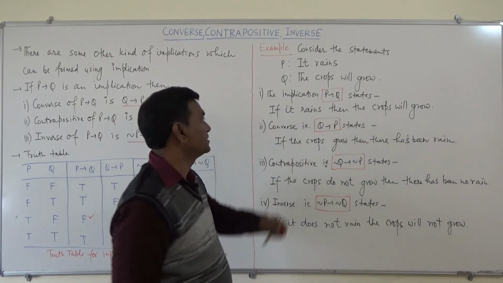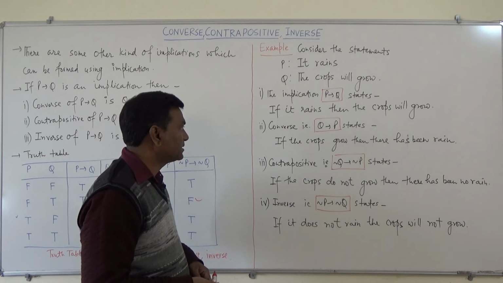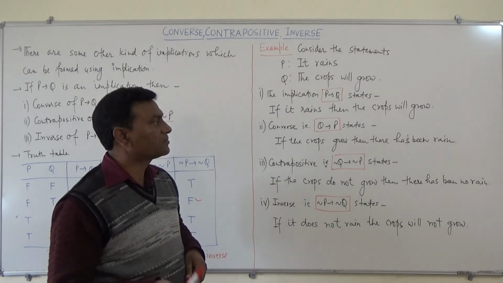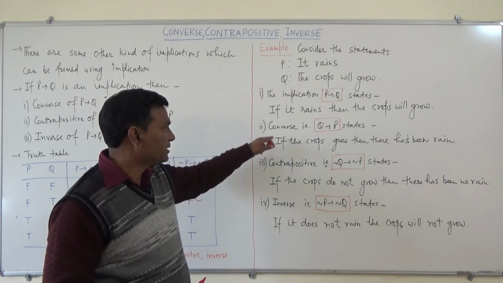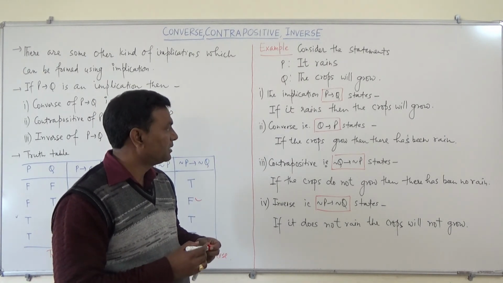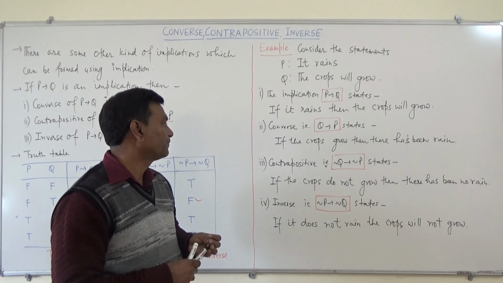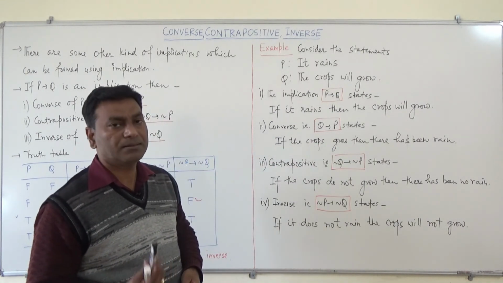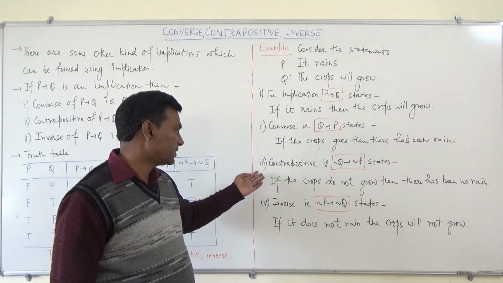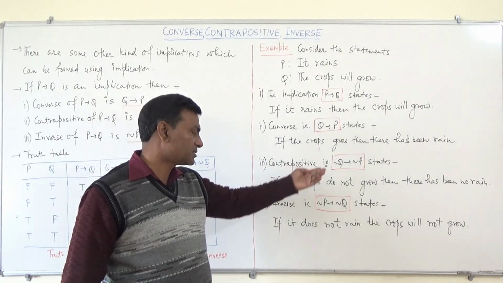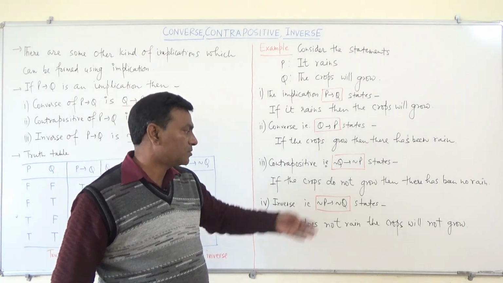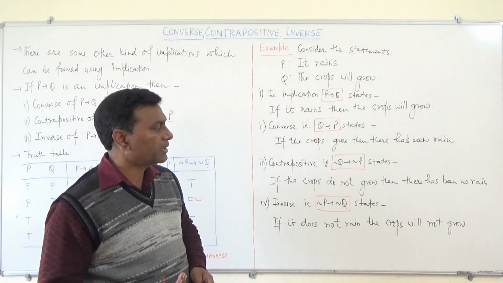So first is the implication P implies Q, which states if it rains, then the crops will grow. Second is converse, that is Q implies P: if the crops grow, then there has been rain. Third is contrapositive, that is not Q implies not P: if the crops do not grow, then there has been no rain.